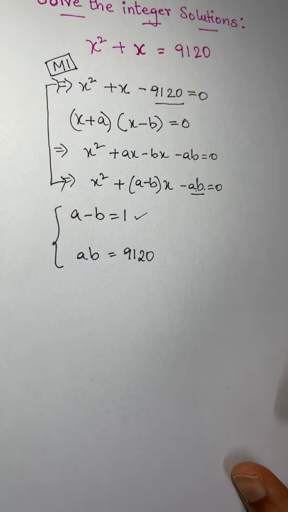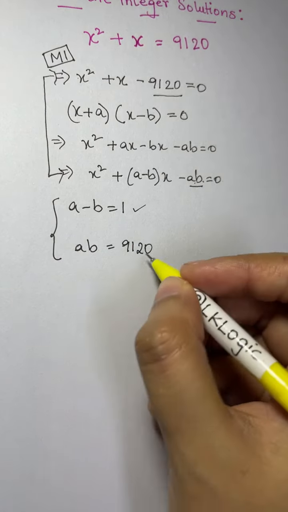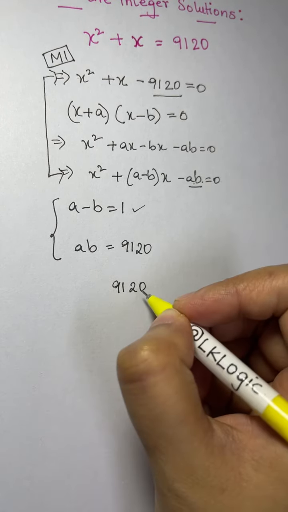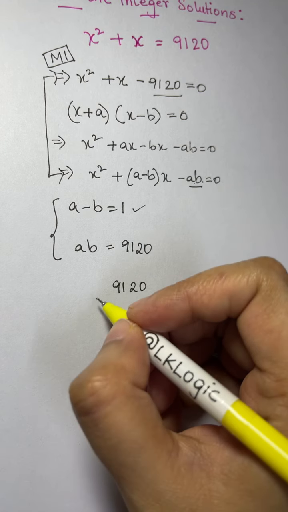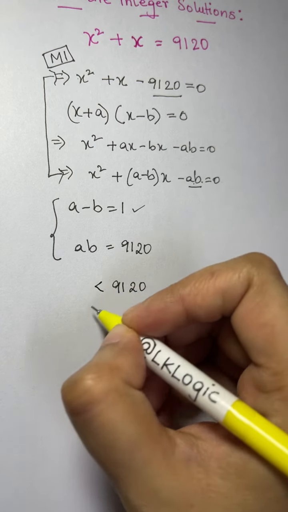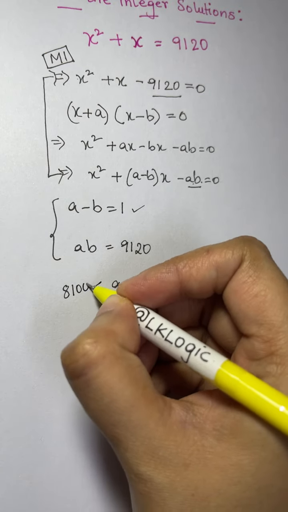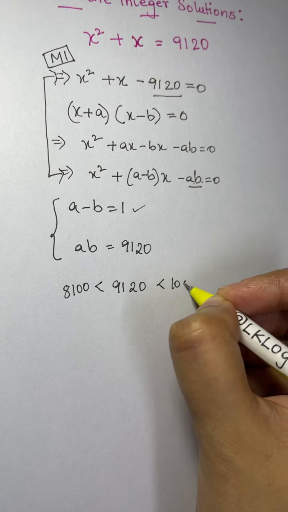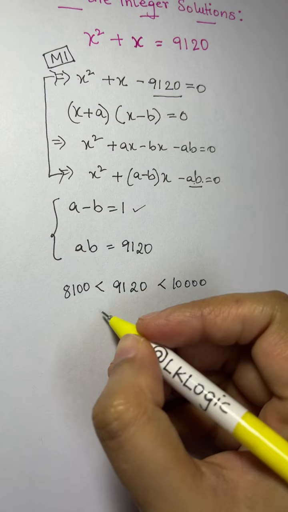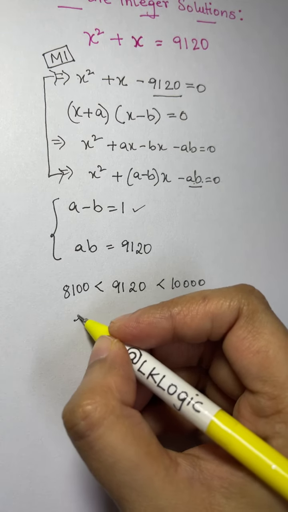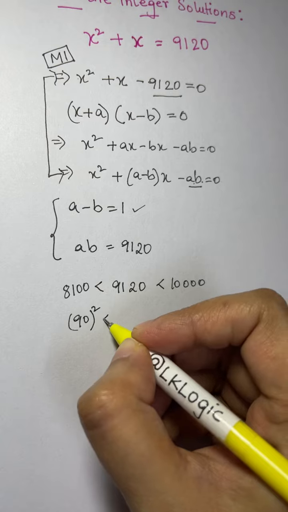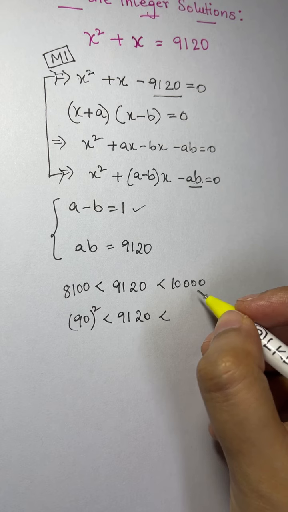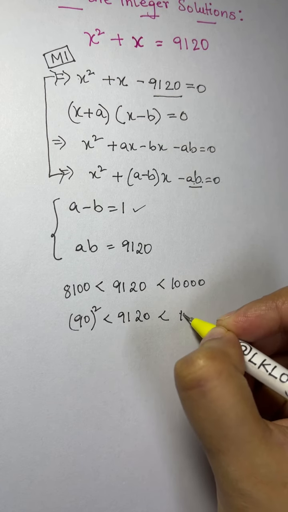Let's see what is the range. It lies between two perfect squares. 8100 is a perfect square, and I can also have 10,000 as a perfect square. 8100 is 90 squared, and 10,000 is 100 squared.